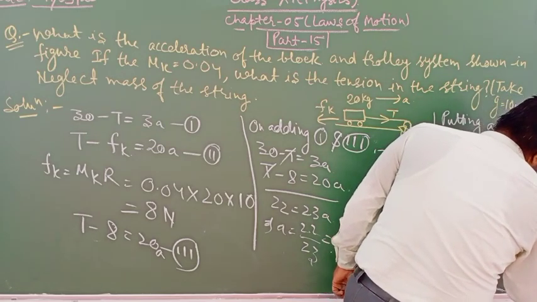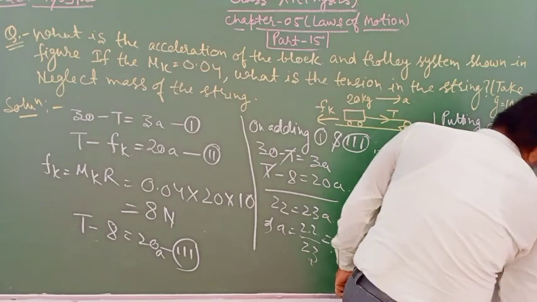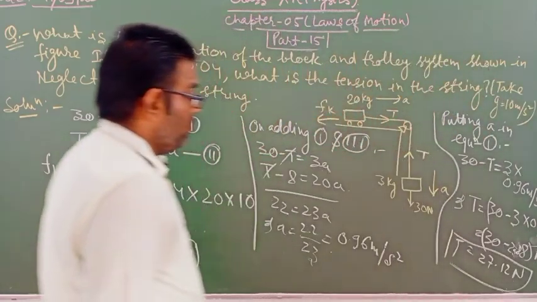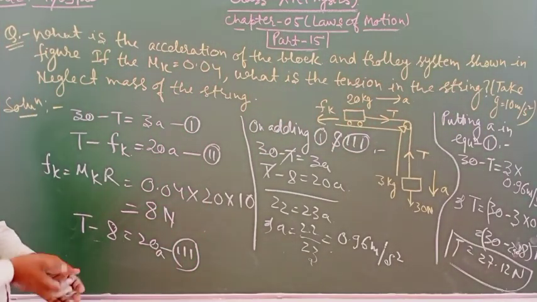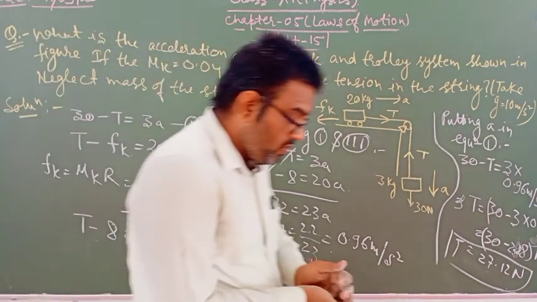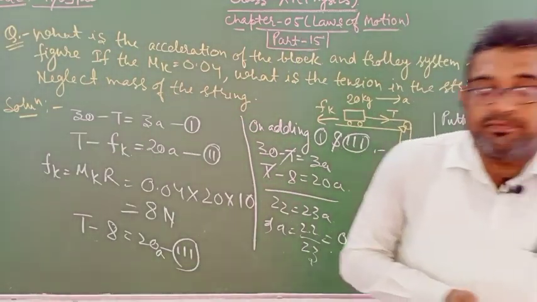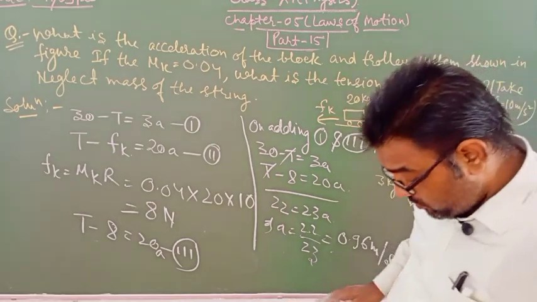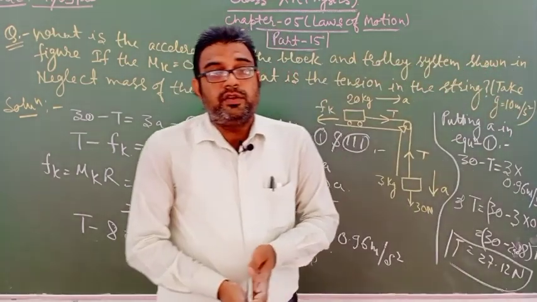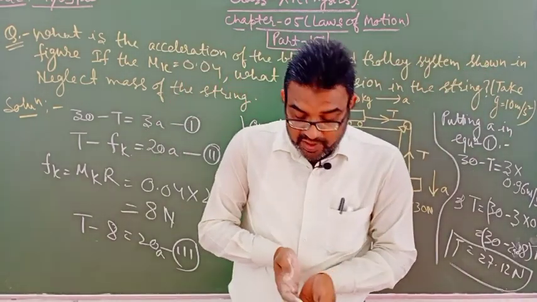So the value of tension T is equal to 27.12 Newton.